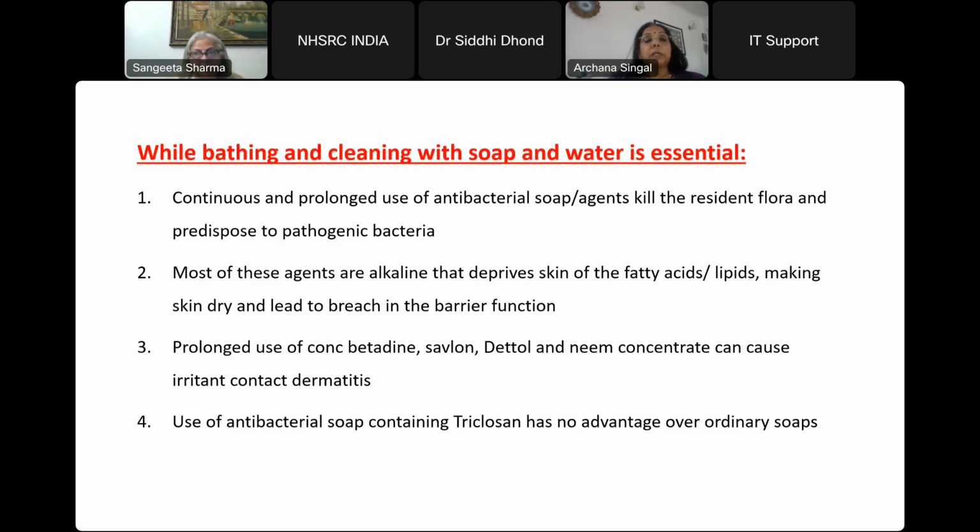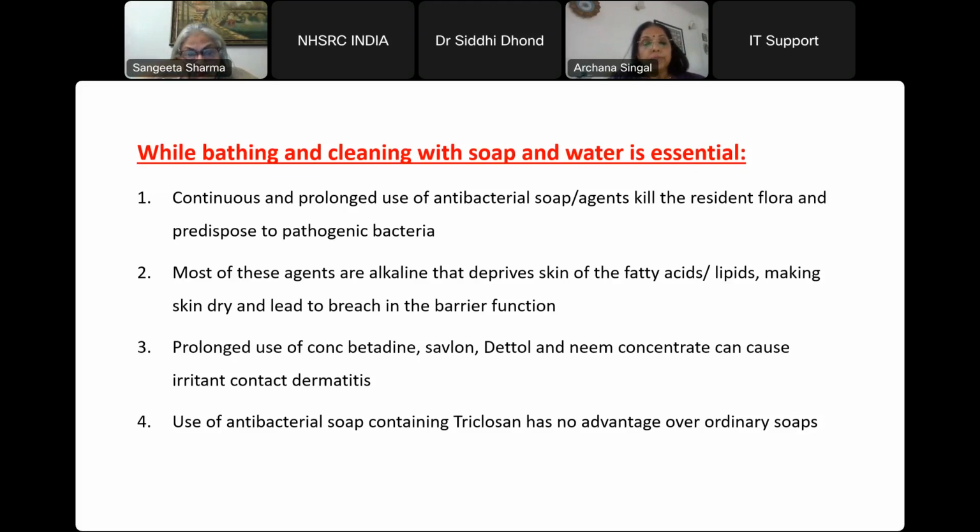80% of the barrier function of the skin, that means the first line of defense, lies in the uppermost layer of the skin. And when we keep applying this antibacterial soap for a very long time, there is a breach in this barrier function, and that again predisposes to the pathogenic bacteria.